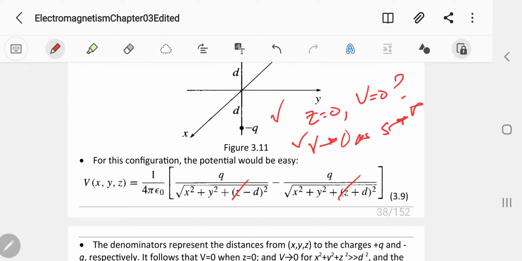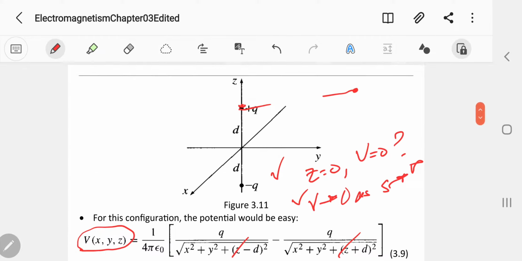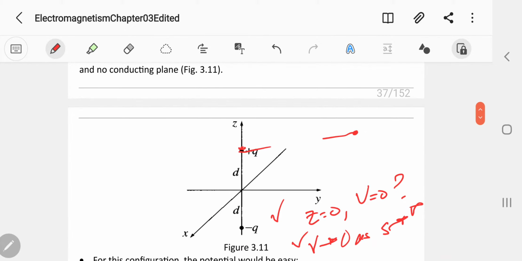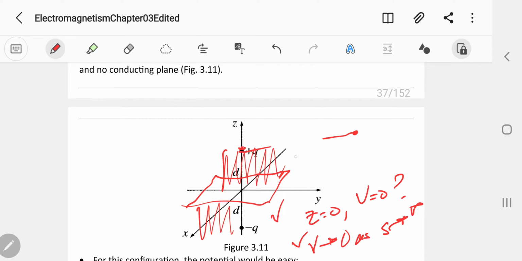So in this case, your potential V satisfies the boundary conditions, and by the uniqueness theorem, that guarantees that it is actually the potential of the system. But in this case, you don't have a conducting plane between the two charges. We're actually looking only at the upper part of the conducting plane. The lower part doesn't matter because we're just interested in the points above the conducting plane.